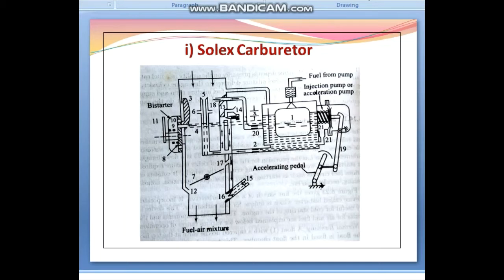So now the cold starting and warming. The uniqueness of the Solex carburetor is the incorporation of the bi-starter or progressive starter. The starter valve is in the form of a flat disc, that is number 8, with holes of different sizes.